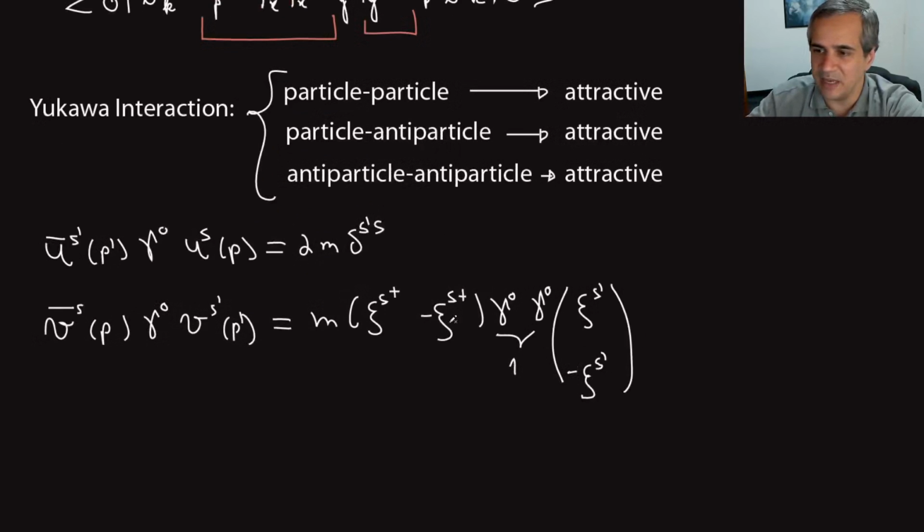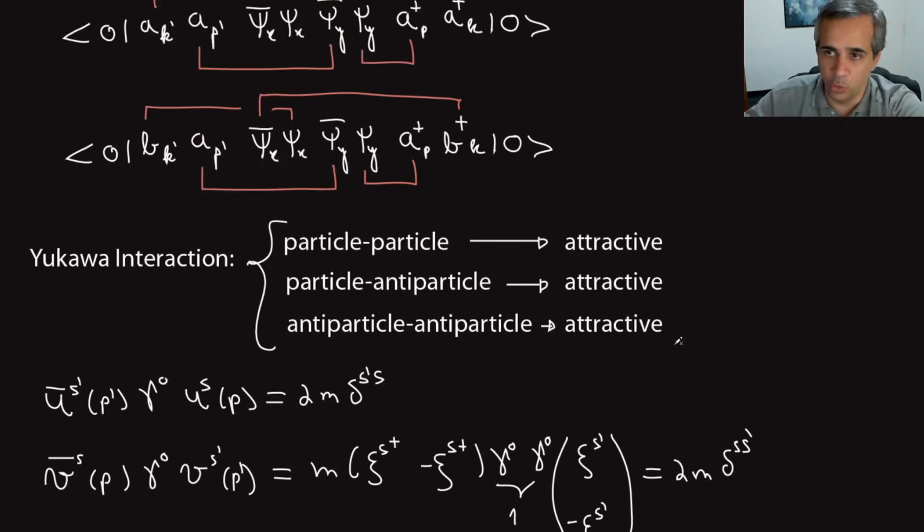That means this sign meets that sign, and I have exactly the same result as before. That sign does not matter now, because they are multiplying each other, which means I have no change of sign when I go from u to v. I get the same expression.